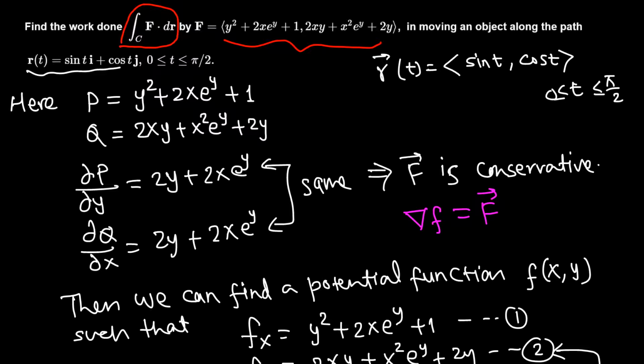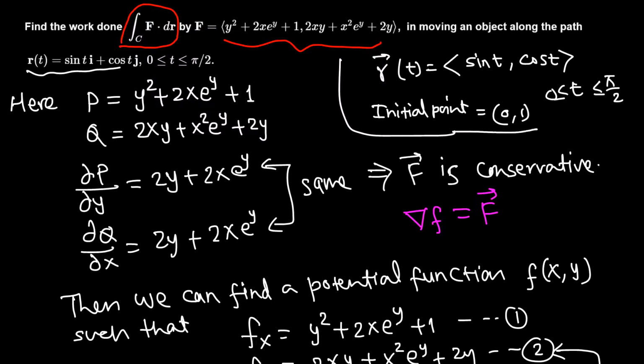When we plug in t equals 0, the initial point is sine 0 which is 0, cosine 0 which is 1. And how about the terminal point of the path?